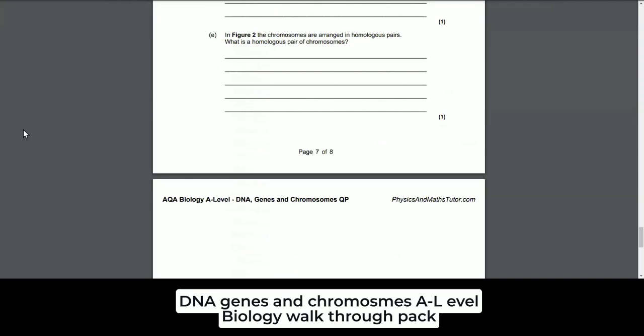In figure 2, the chromosomes are arranged in homologous pairs. What is a homologous pair? So a homologous pair is when you have in your cells, in your nucleus, a chromosome from mum and a chromosome from dad. Earlier in part 1, I talked about chromosome 15. Every human being has a chromosome 15 from their dad, which is the paternal, and one from their mum, which is the maternal.